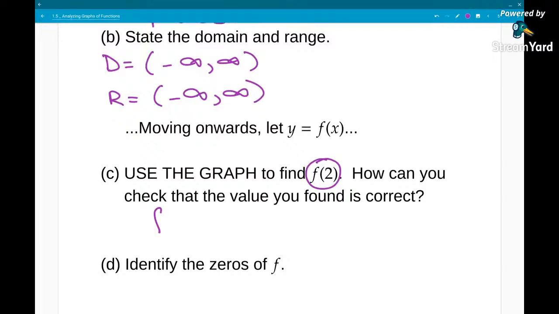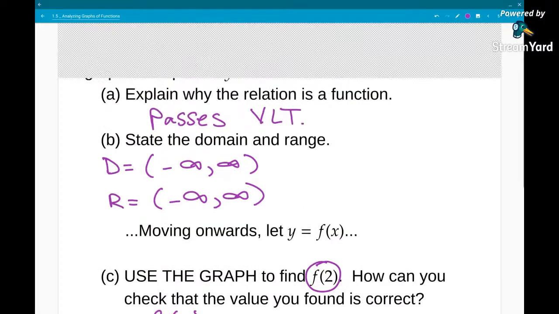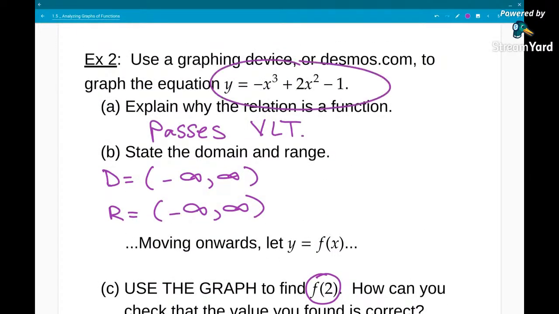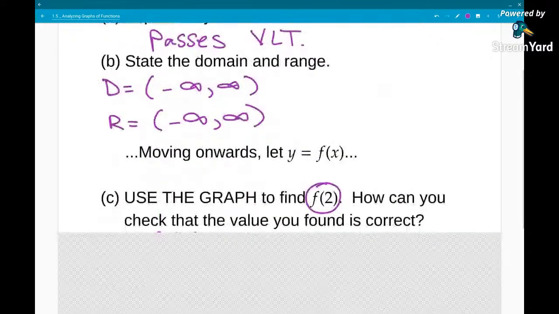So f of 2, and I'm reminding myself because I already forgot what it was, f of 2 paired with -1. Now, how could I check that? We can check that using the actual equation, okay?